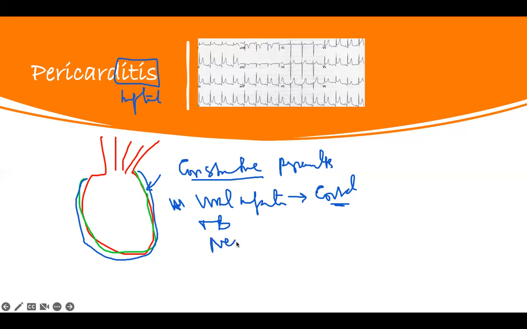Or cancer, a neoplasm like a tumor. Autoimmune diseases, like systemic lupus, can deposit their complexes, the antibody and antigen complexes, on the wall of the pericardium and form pericarditis. And of course, idiopathic: sometimes we don't know what is causing the problem, but viral infection is number one.